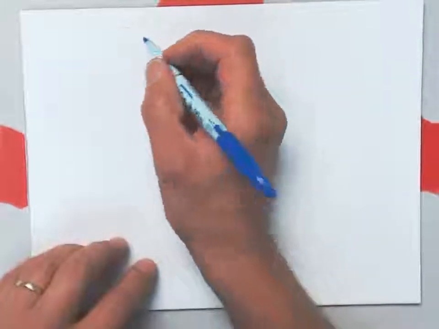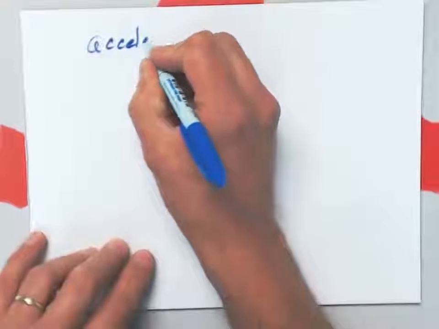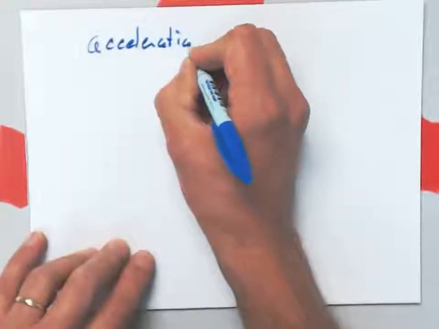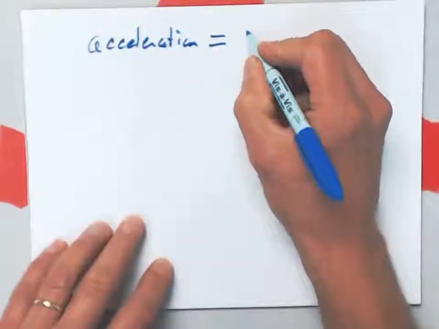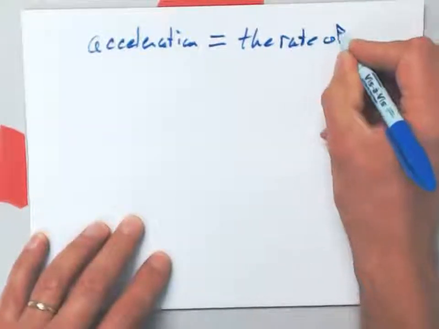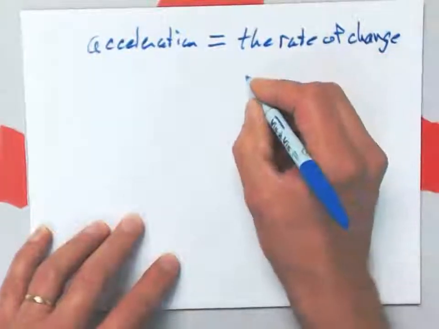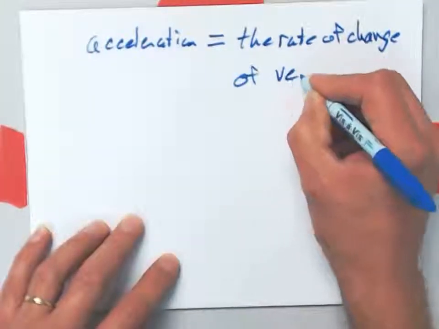Let's take a look at a term that has a different meaning in everyday language than it will in physics, or at least slightly different. It's the term acceleration. In physics, acceleration will be the rate of change of velocity.